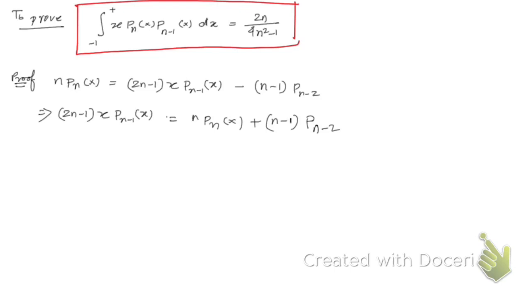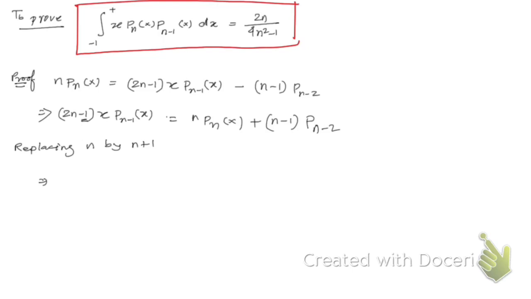So here, let me make it n plus 1. How to make that? Just replace n by n plus 1. Then what are we gonna have? Here if we put n plus 1, then 2 into n plus 1 will be 2 into n plus 2, then minus 1, that's gonna give you 2n plus 1, right?